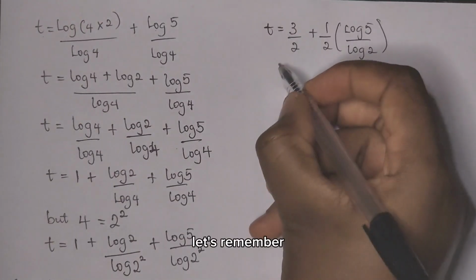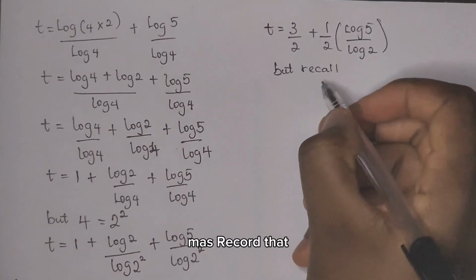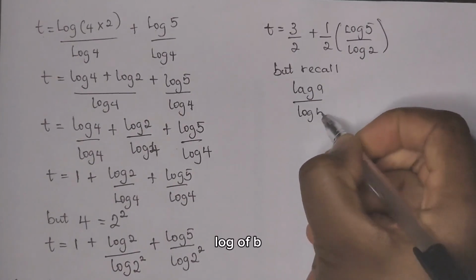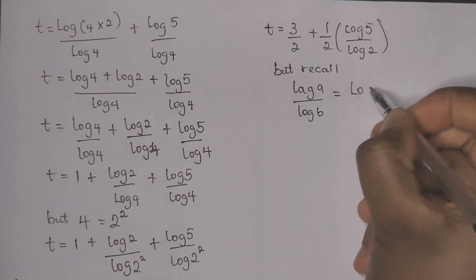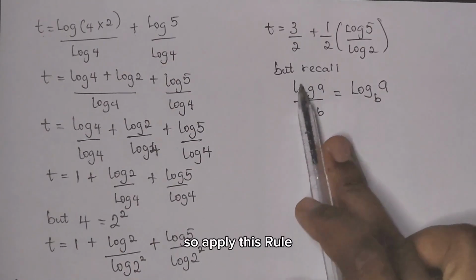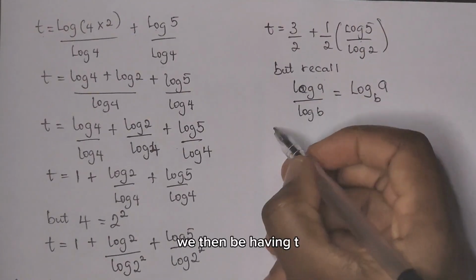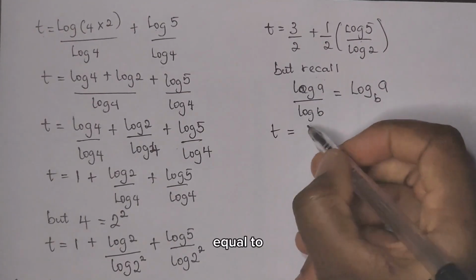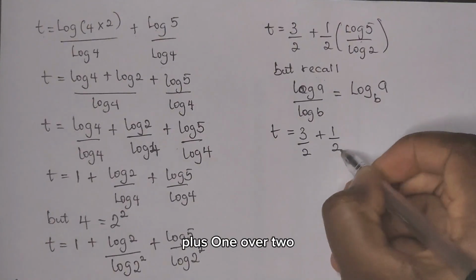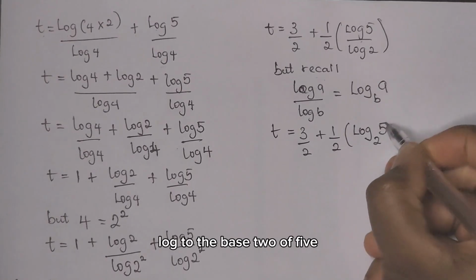From here, let's recall that when we have log of A all over log of B, this gives us log to the base B of A. We'll apply this rule over here. We'll then have t equal to 3 over 2 plus 1 over 2 times log to the base 2 of 5.